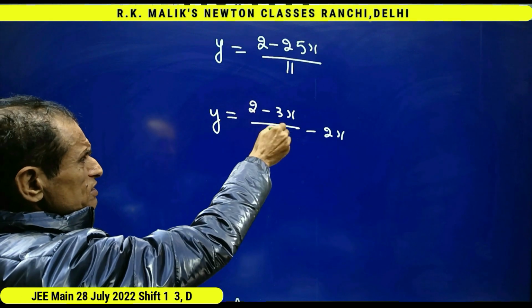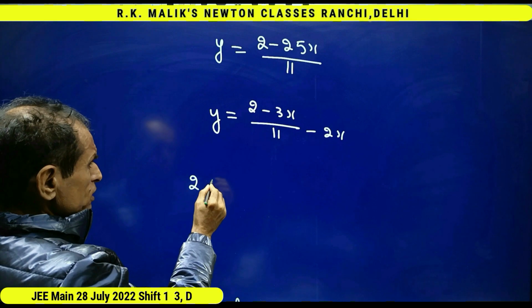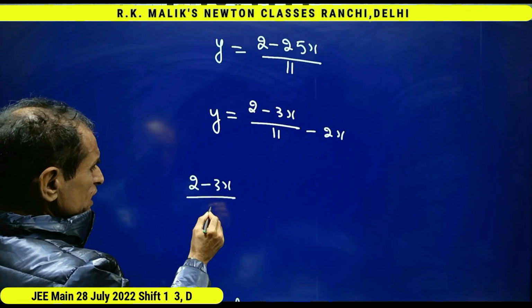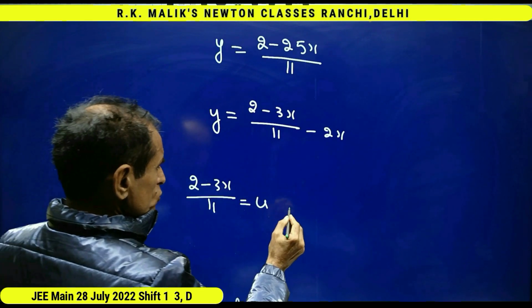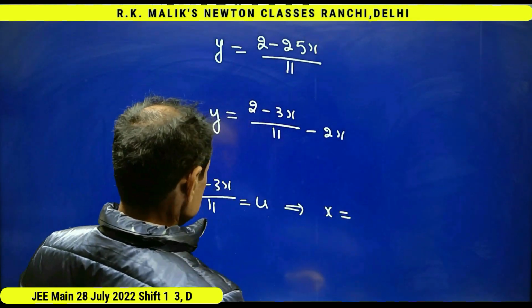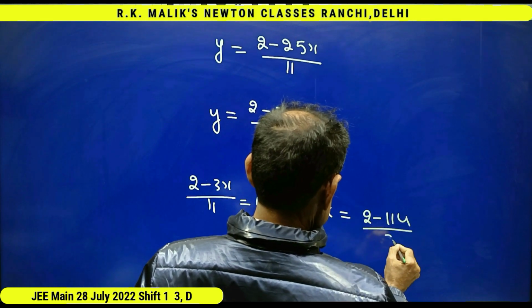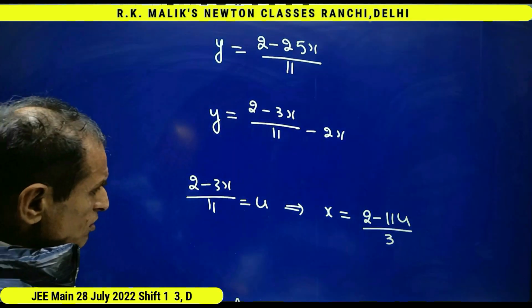You will be supposing this as, say, u. You get (2 minus 3x) by 11 equal to u. I'll be getting x equal to (2 minus 11u) by 3.